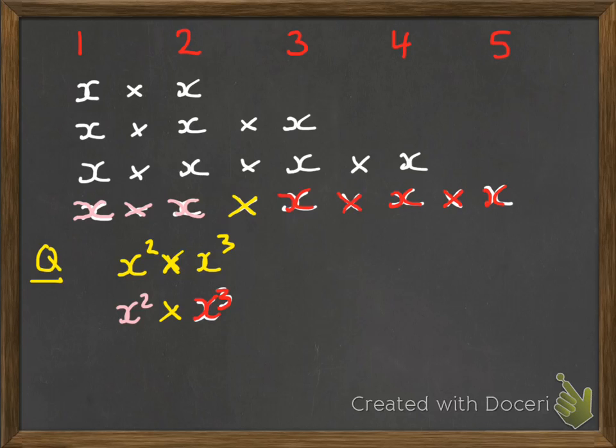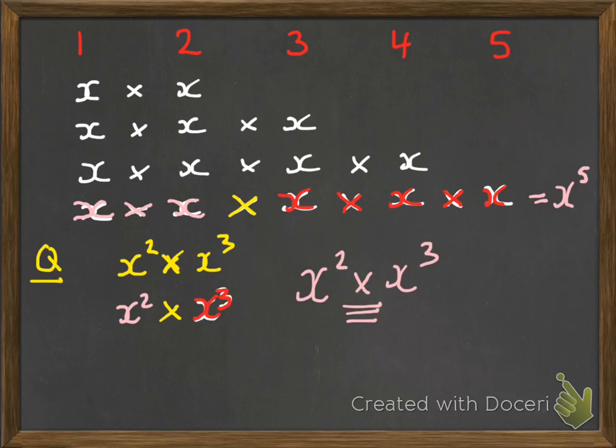But can you see that actually, if I write this out completely in full, well, it's this bit here. And we know that that is from the previous table, and this that I've copied forward, that's x to the power of 5.